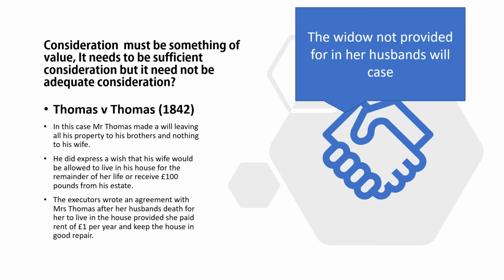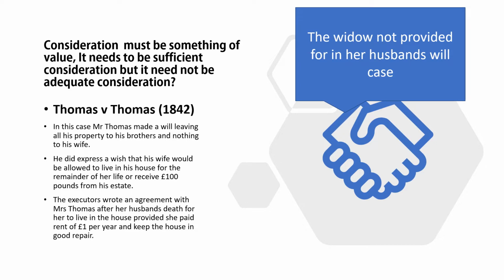Now, the question the court had to determine was: was the agreement a contractual agreement, and had Mrs. Thomas provided sufficient consideration? Remember, consideration needs to be sufficient, but it need not be adequate.